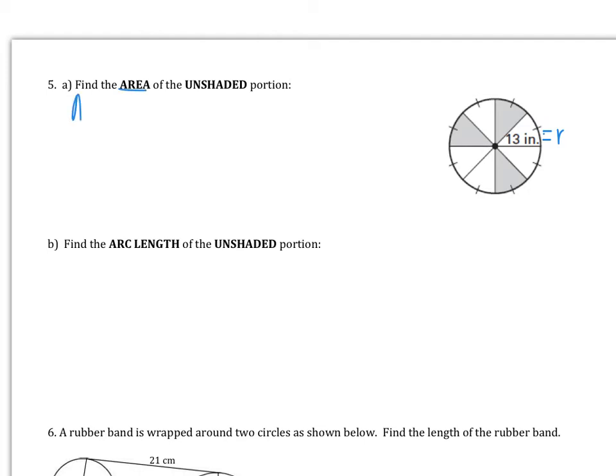So our area formula we know is pi r squared. So we can do pi times 13 squared. And we get 530.9.